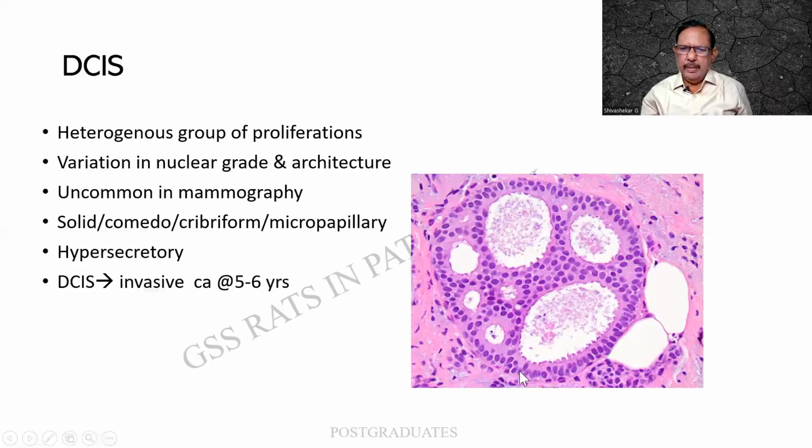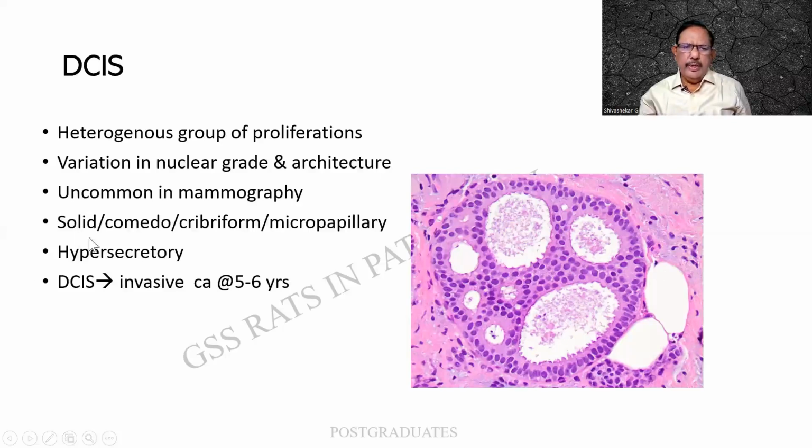Take this for example. So I am finding the growth in the epithelium, there is some amount of secretory change which I can see, but there is a lack of the fibrovascular core, there is no proliferation of the myoepithelium into it, and there is definitely a sieve-like cribriform pattern which I can make out. So this is uncommon to be made out in mammography.